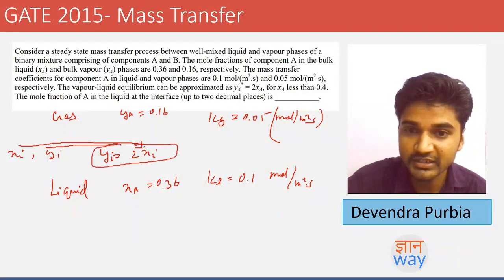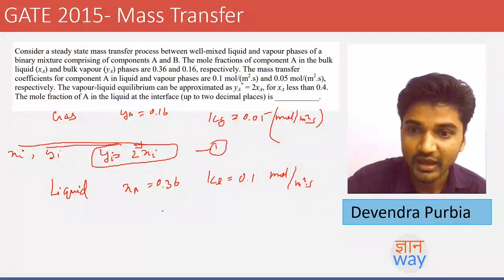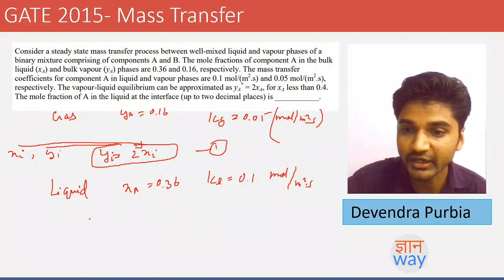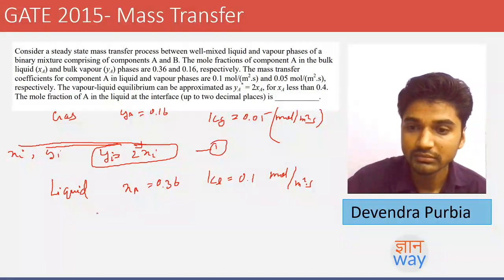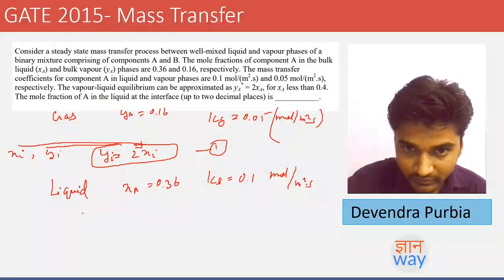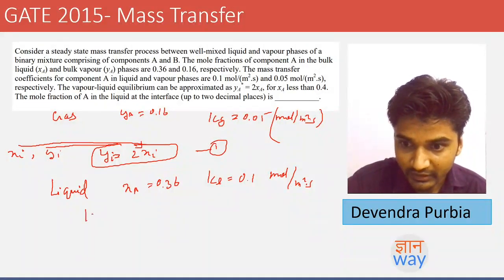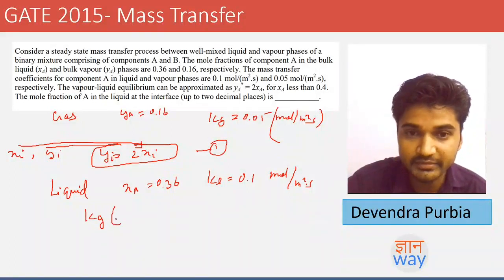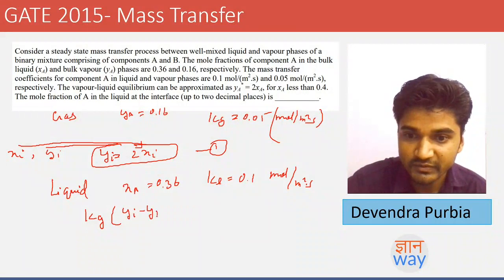So one relation we know this, and second relation we will get through mass balance. So here we will apply mass balance, that is we have mass transfer from gas side will be kg, that is the mass transfer coefficient, times the driving force. Driving force is nothing but Yi minus Ya.